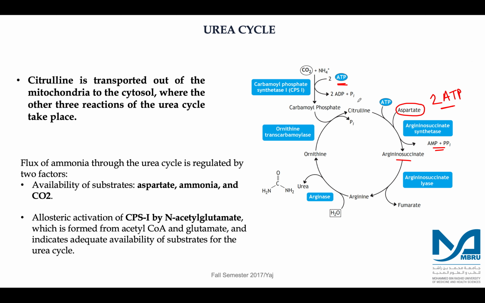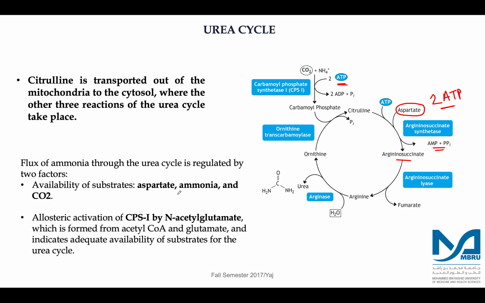As I told you, I am not going to go through all the steps. For you, they are not important. Please focus on these particular 2 steps. And I will identify some specific aspects that you need to look at when you study the urea cycle. How is the urea cycle regulated?